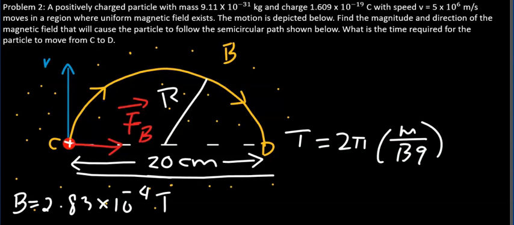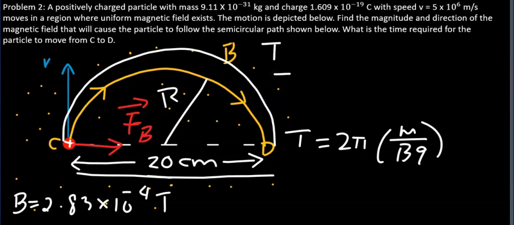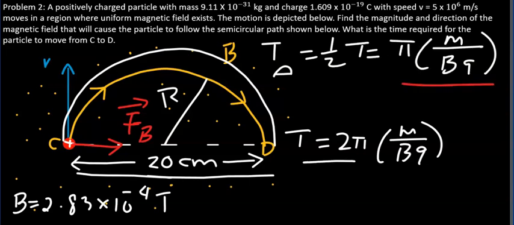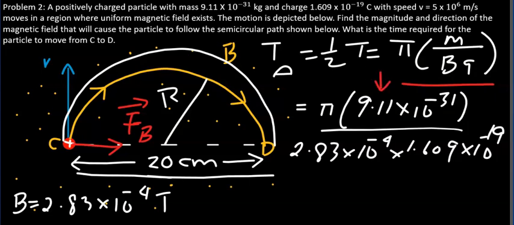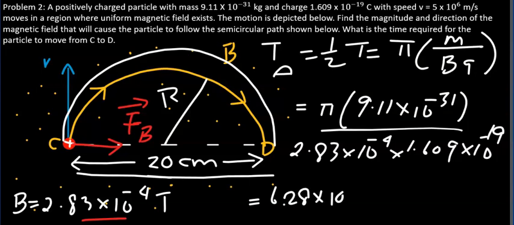Since we are interested only in time it takes to go from C to D, namely semicircle, the time for semicircle is half of capital T that we have computed there. Substituting the value for the mass, the value of magnetic field from here, and the charge, we get 6.28 times 10 to the power minus 8 seconds for the time. And that solves the problem.